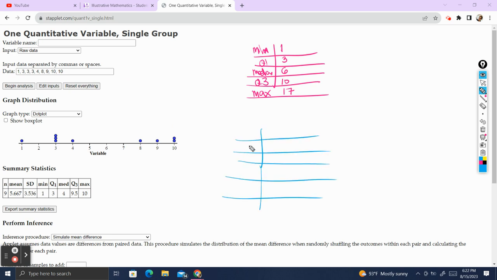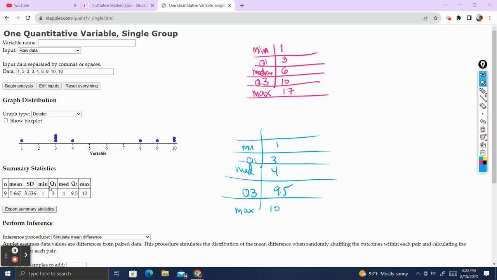We're going to have our min, which is 1 still. Our max has now changed to 10 because we got rid of the 17. Our median is 4, so it has shifted down from 6 to 4. Our Q1 is still 3, and our Q3 is 9.5. And that is our new 5-number summary.